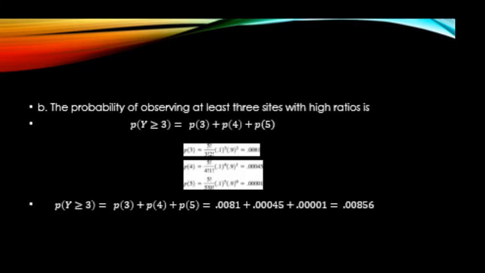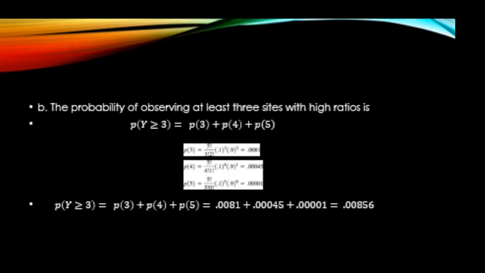Okay. Then the second part is, what is the probability that at least 3 sites have high ratio? At least 3 would mean, in this case, the outcomes are 0, 1, 2, 3, 4, or 5. These are the values that our discrete variable can take. Probability of y greater than or equal to 3 is 3, 4, or 5, so we add those 3 probabilities. We have to find the probabilities individually by plugging into the formula.